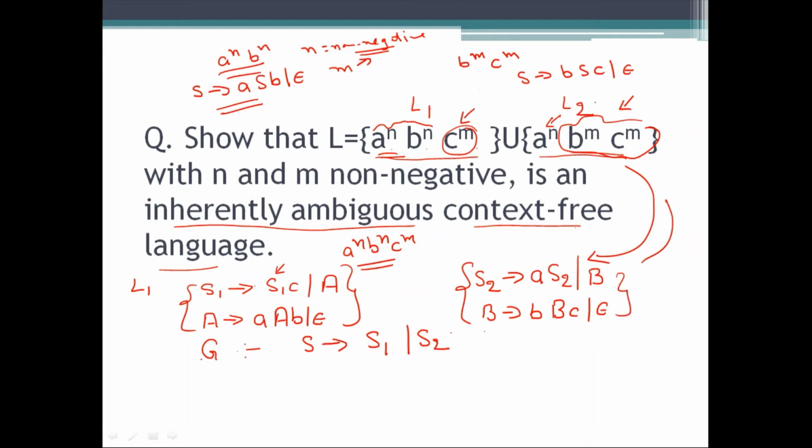Now whether this grammar is ambiguous or not, we have to test. For that you already know how to test it. Consider one w, and prove that this w is present in the language generated by grammar G in an ambiguous way, then you can say that this is ambiguous.